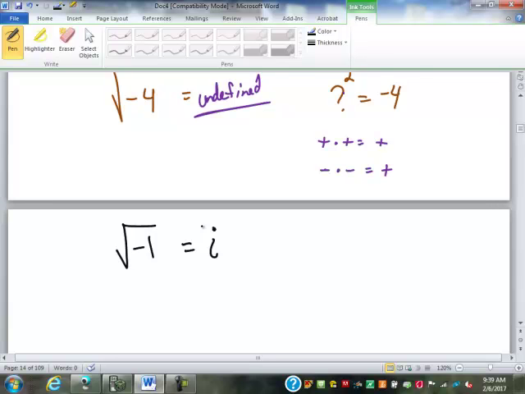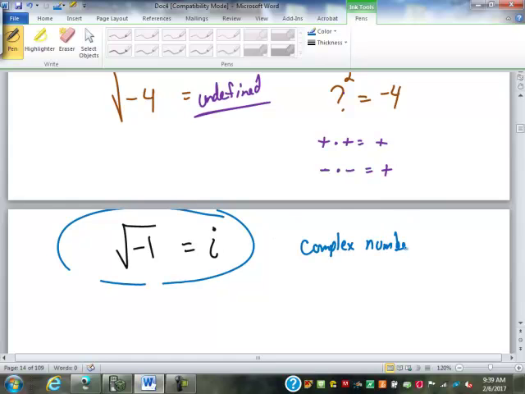And since they were imagining it, they called it i, the imaginary number. And then they've developed a whole field of mathematics called the theory of complex numbers, which involves these imaginary numbers mixed with our real numbers, which are the ones that are not imaginary.